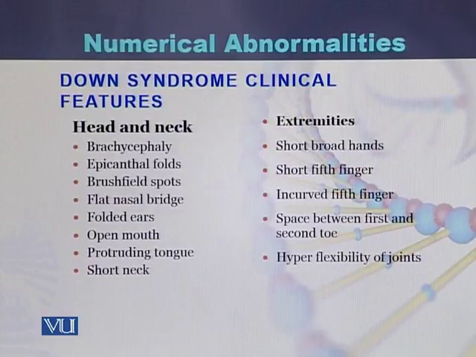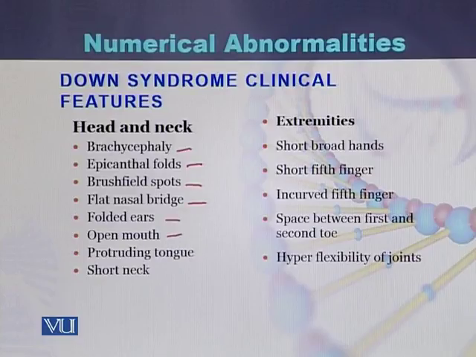This shows the detail of all the clinical features in the head and neck, as well as in the extremities. In the head and neck, we can see brachycephaly, epicanthal folds, Brushfield spots, flat nasal bridge, folded ear, and open mouth.